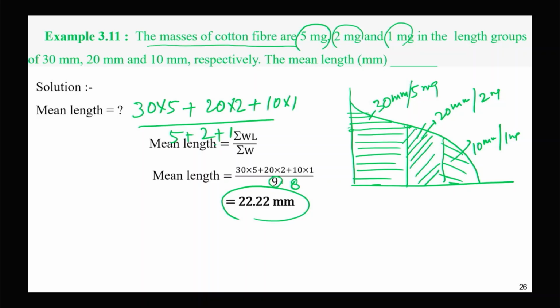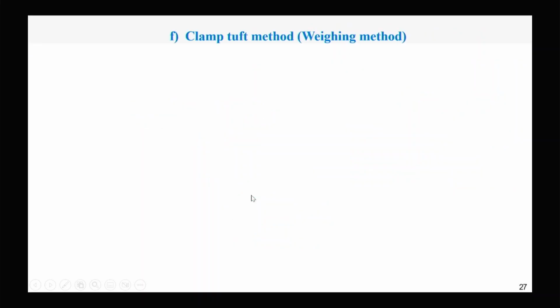So ultimately this will become 22 multiplied by 9 by 8, approximately 25. It's 25, not 22, it will be 25 if we calculate. So in this way we can calculate the mean length based on the mass.